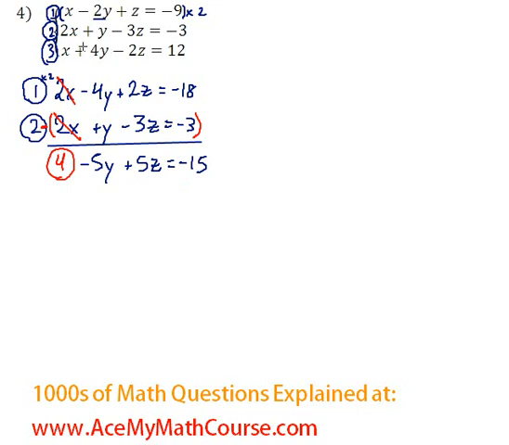Now I'm going to combine equations 2 and 3. I also need to eliminate x, otherwise my system here won't work. And to do that, I'll multiply equation 3 by 2, so that I also have a 2x, so that I can cancel things out once I combine equation 3 with equation 2. So actually I'll just write equation 2 up top here first.